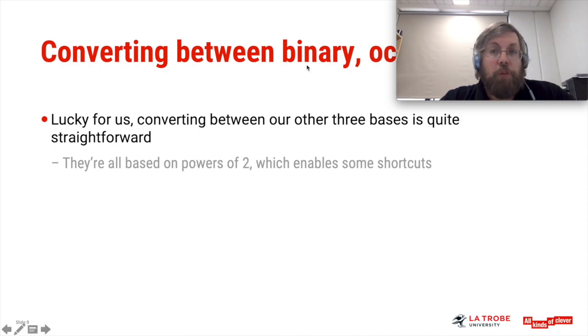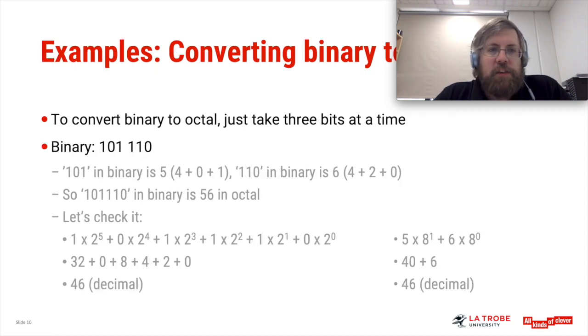To convert between binary, octal, and hexadecimal is pretty straightforward. They're all based on powers of 2, which enables some shortcuts. It's actually quite easy. So to convert binary to octal, just take 3 digits of binary at a time. So 101 in binary is 5. 110 in binary is 6.